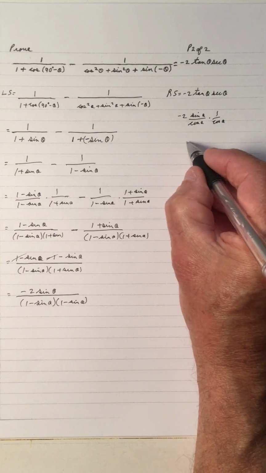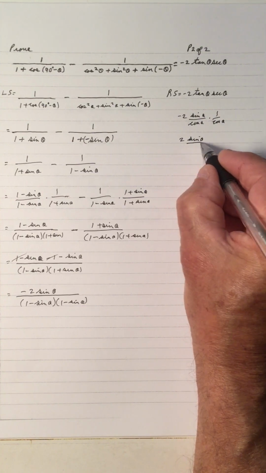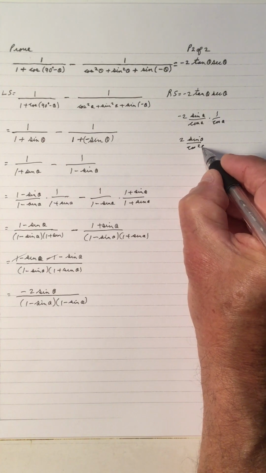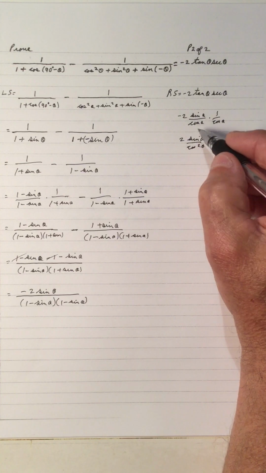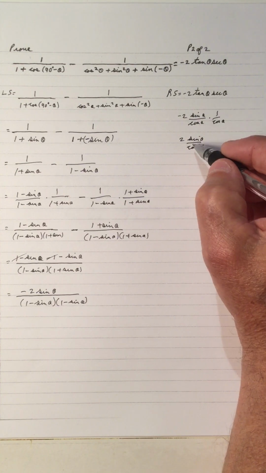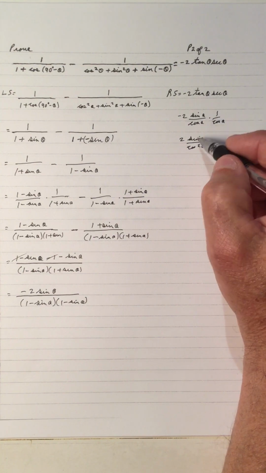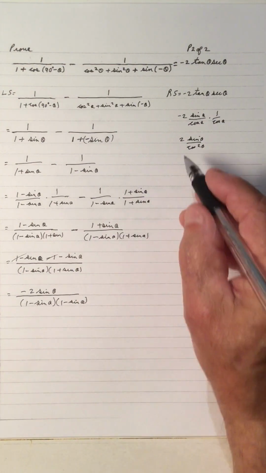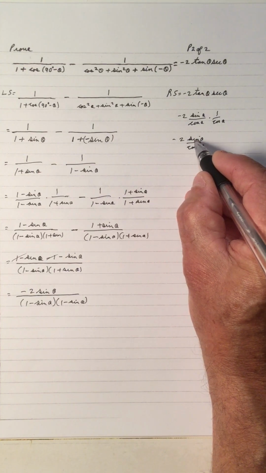So when I multiply that, I get negative 2 sine theta over cos squared. Remember, these two are done on a sheet of scrap paper. The teacher doesn't see it. You don't have to show it. But that leads us into here. So I got the negative 2 sine theta.